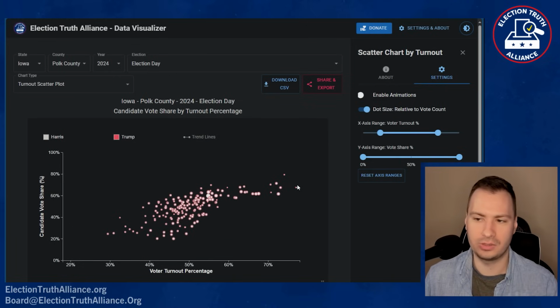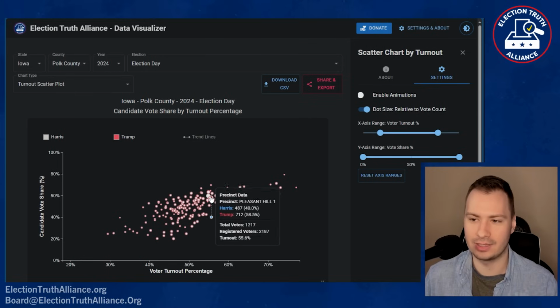And so, yes, we do see smaller precincts where Trump has a larger percent. But in this case, we're looking at precincts still with hundreds of votes. And it's not any one precinct or the smaller precincts. What we're seeing is all of the precincts are changing. Even the larger precincts, such as this one, has 2,000 votes. So this is a larger precinct.